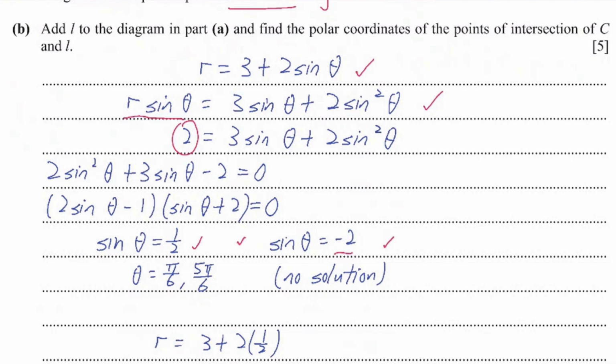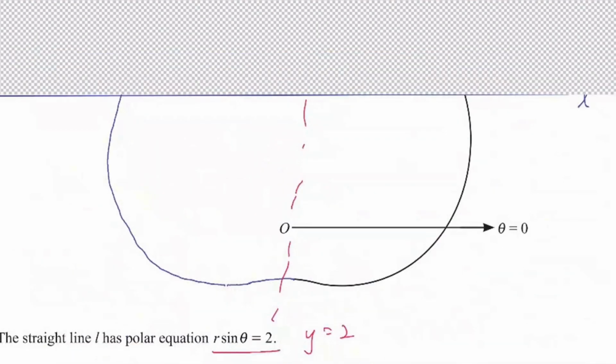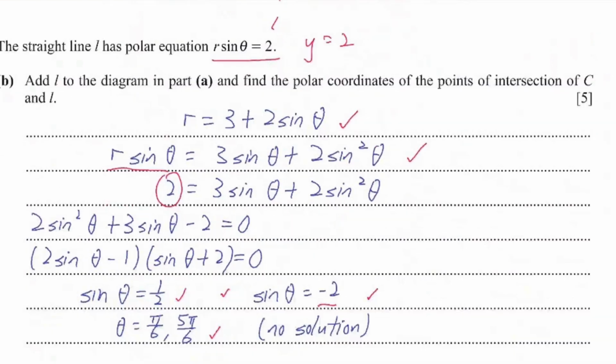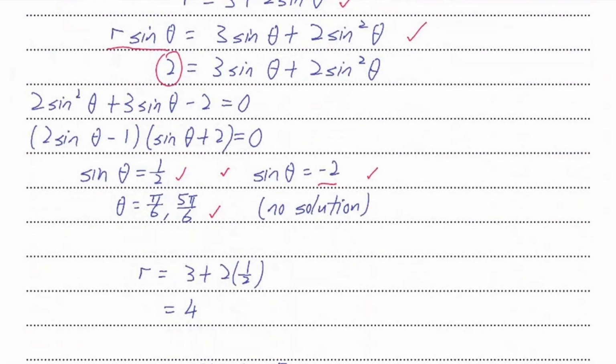And then sine theta equals a half, so the value of theta here is pi over 6 and 5 pi over 6, which you can verify by looking at the diagram. Then you'll know that these are the two angles. You can see that already here, so you verify that the answer you get is correct.